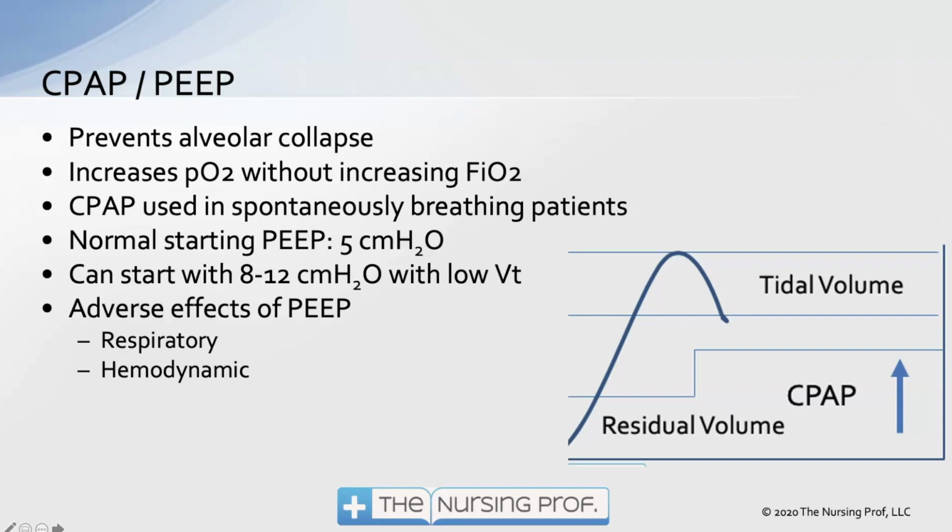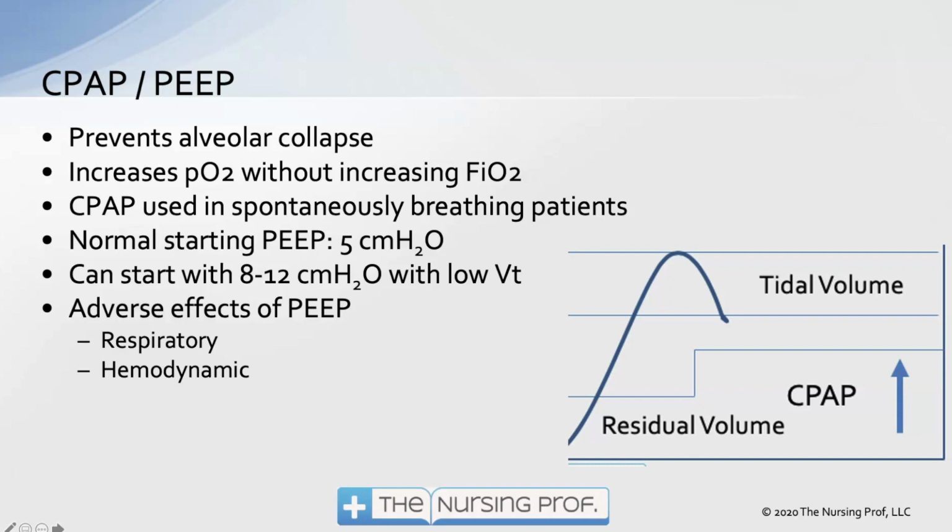What happens with oxygen toxicity is that when a patient is ill and they have an inflammatory process going on in their body, additional oxygen is turned into things called oxygen-free radicals, and we don't want to do that. So if we can keep the FiO2 down as low as possible and still increase our PO2, that would be very helpful, and we do that by using PEEP, or if the spontaneously breathing patient, we would use CPAP.